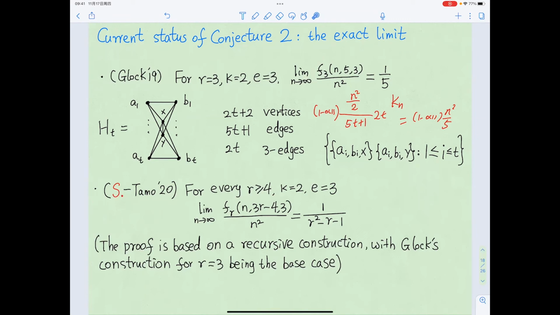The proof is based on a recursive construction with Glock's construction for r equals 3 being the base case. This recursive construction also comes from a decomposition of some approximately defined graphs or hypergraphs.